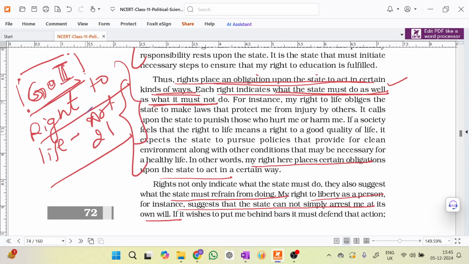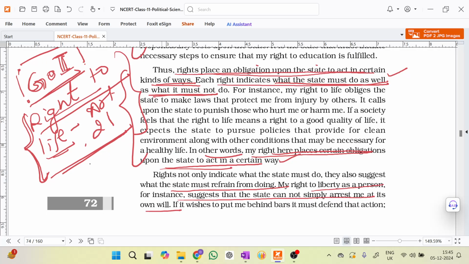When I claim the right to life, I am putting an obligation upon the government of India to ensure such conditions, such an atmosphere, such situations, that my right to life can be ensured and secured. So, in other words, my right places a certain obligation upon the state to act in a certain way. It directs the state.